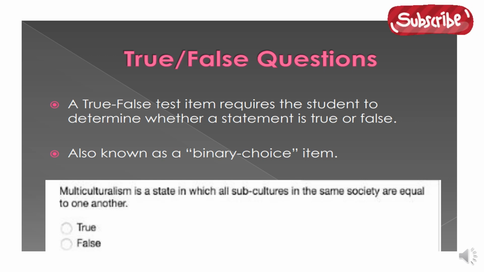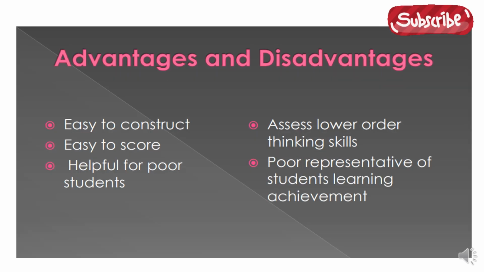So is it true or is it false? There are advantages as well as disadvantages: easy to construct and easy to score, as well as helpful for poor students. On the other hand, the disadvantages include assessing lower order thinking skills, as well as being a poor representation of student learning achievement.